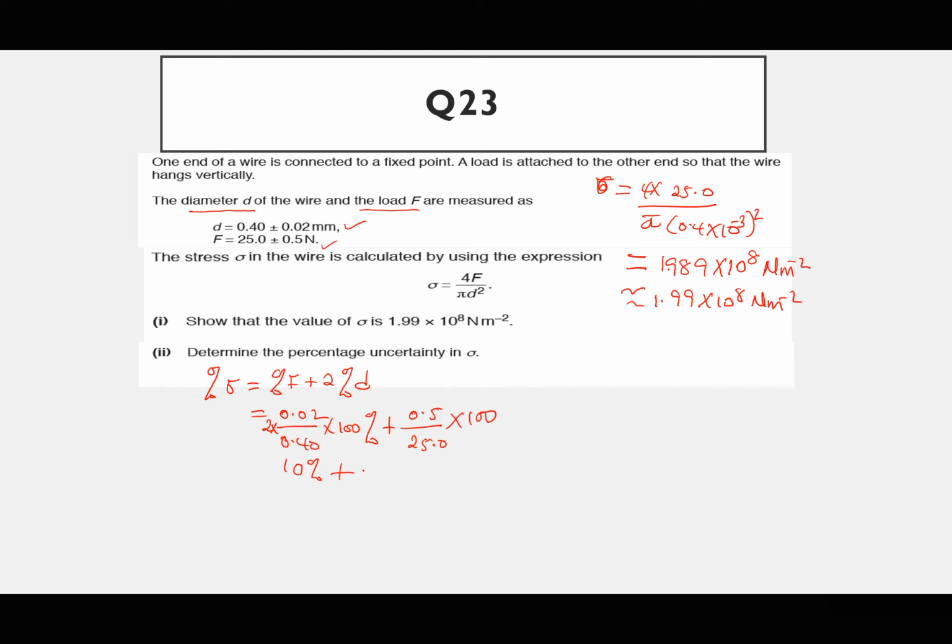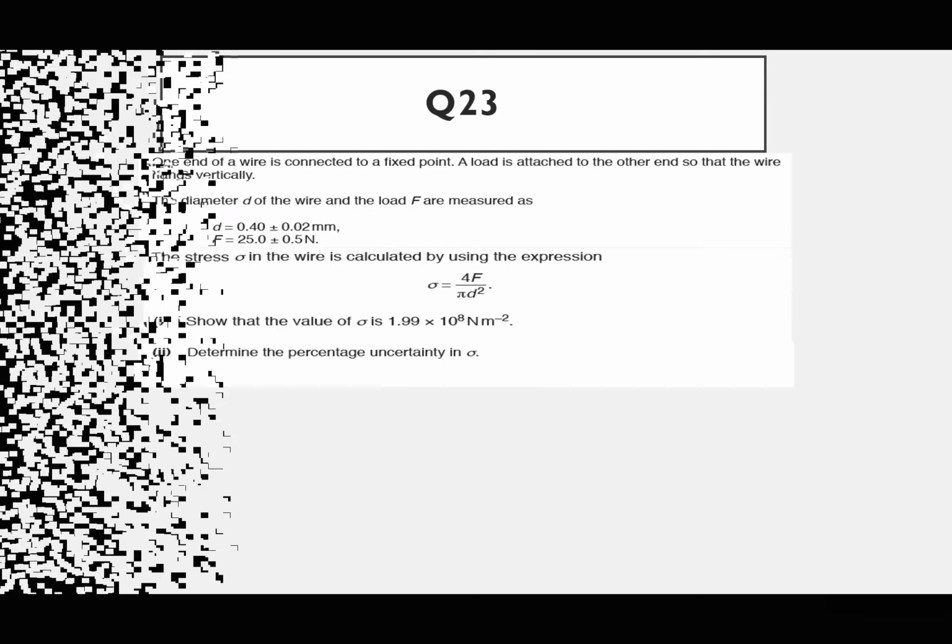Plus 0.5 divided by 25 times 100, this is 2%. So the total is actually 12%. So the percentage uncertainty in sigma, without wasting time, is actually 12%. Okay, maybe the question is still continuing. Let's check.